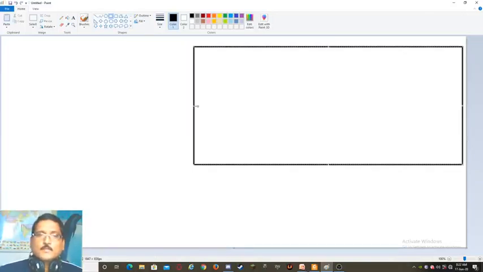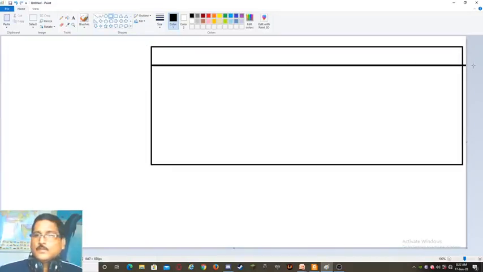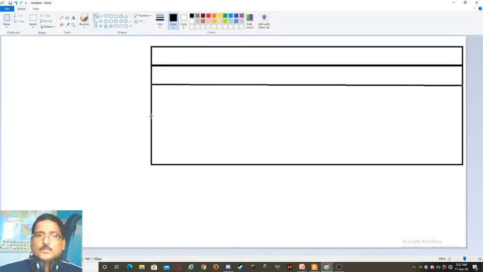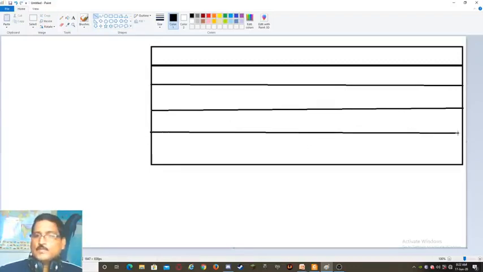Clear? Now for this one, you divide into as many parts as you require, that many parts: 1 2 3 4 5 6.